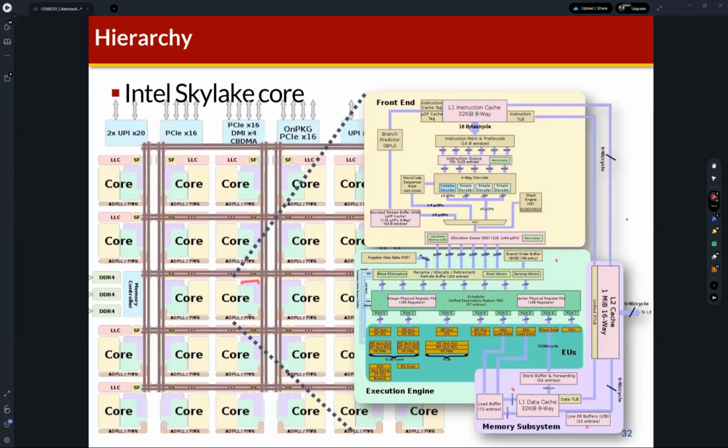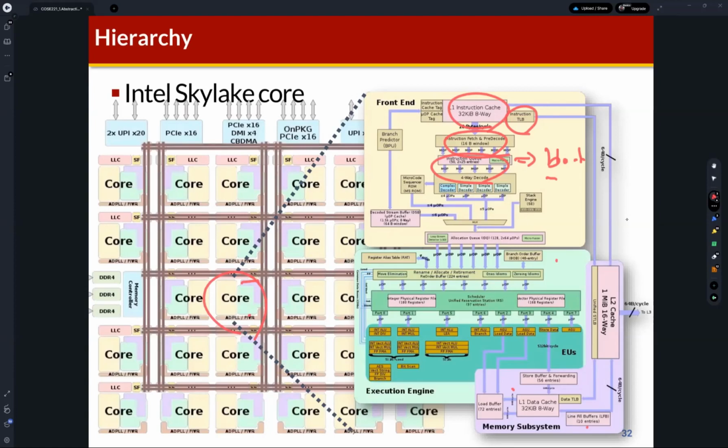I think you can understand even though you have not taken computer architecture yet: these rectangles represent blocks or modules. Inside a core module, there are many sub-modules.